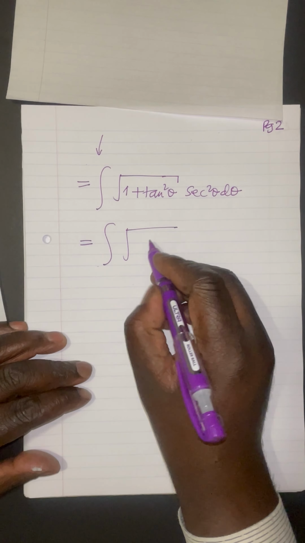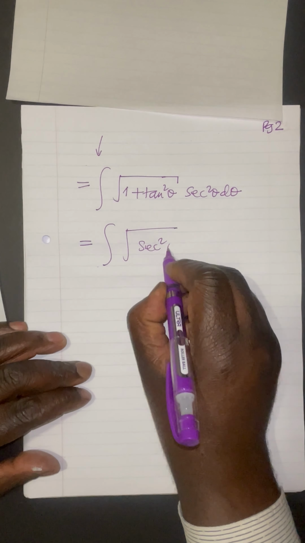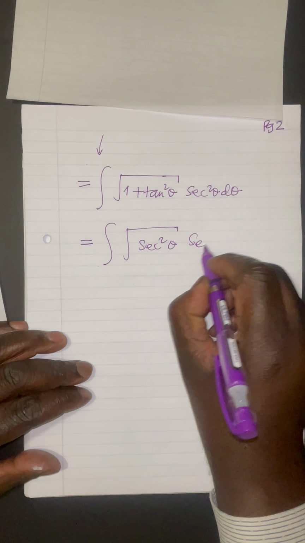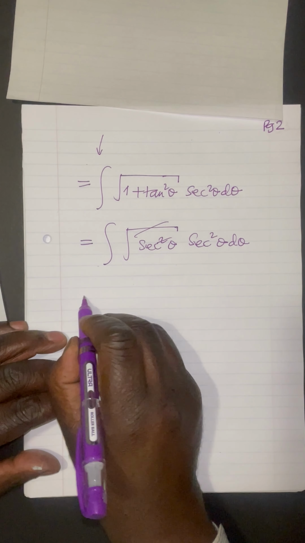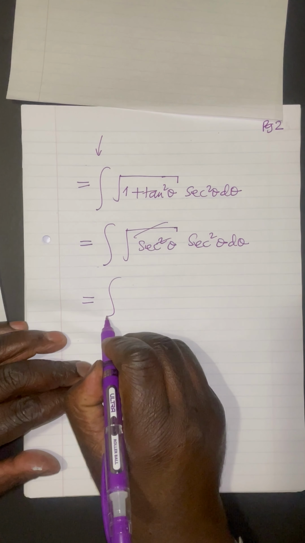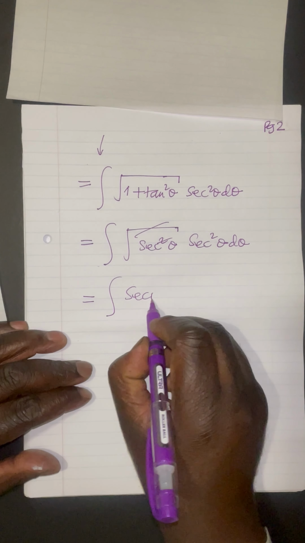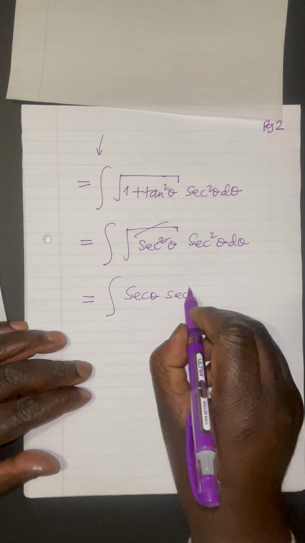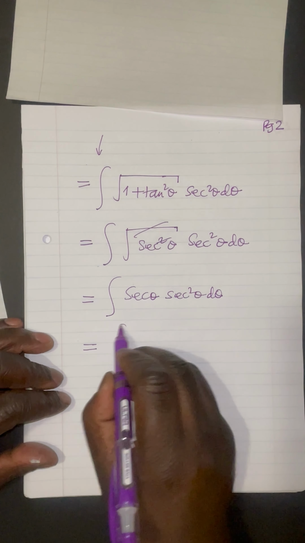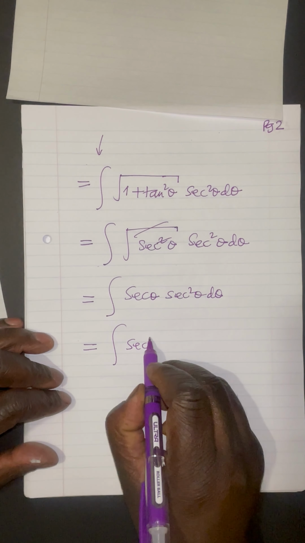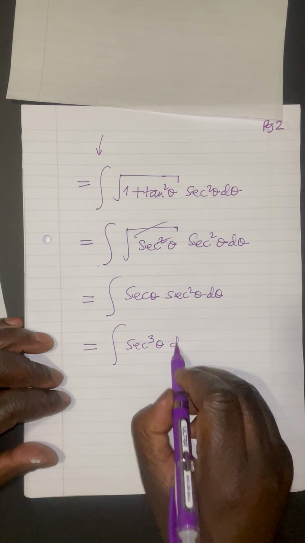So we now have sec squared theta times sec squared theta d theta. Now this cancels that. So we have the integral of sec theta times sec squared theta d theta. This changes to the integral of sec cubed theta d theta.